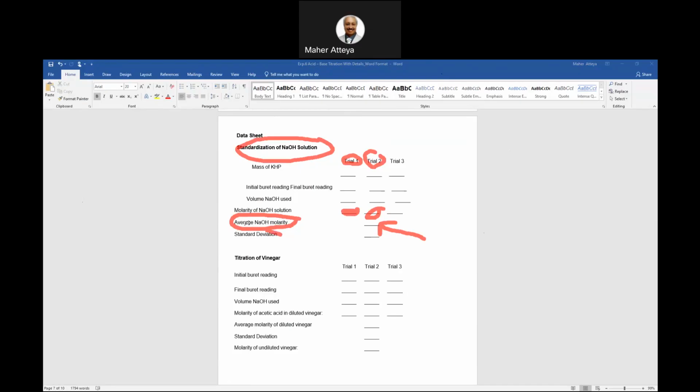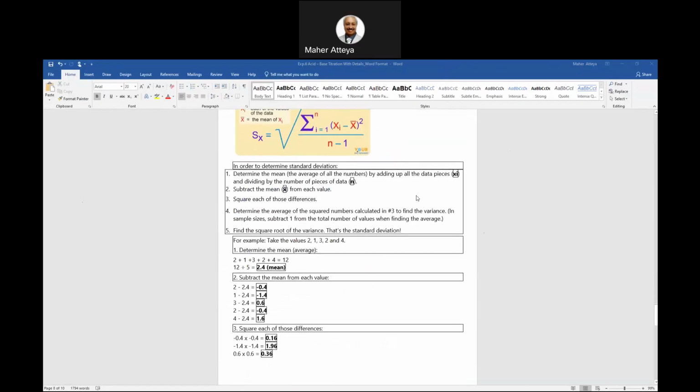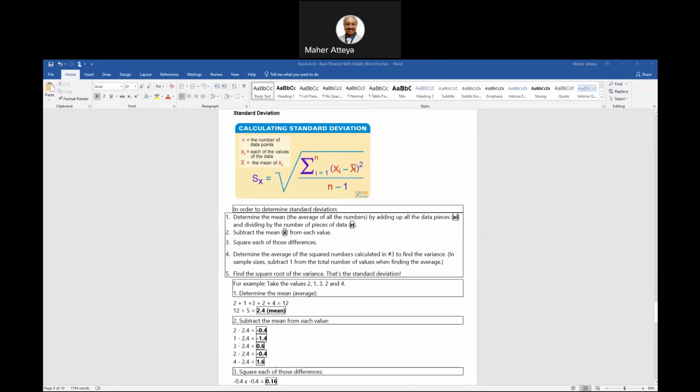So you have to calculate this one as well. I put the formula for you because I did not see the formula inside, and I gave you an example. This is the formula here. This is the average, this is the value number. You have 2 trials.